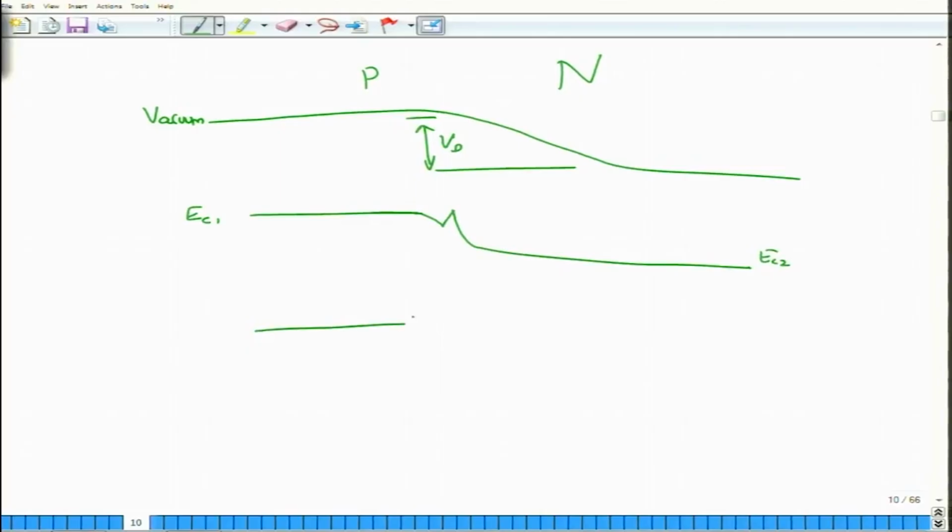region, whereas delta EV would go down, have a sharp transition, delta EV here, and this of course is your delta EC, the spike, and then again falls down to become EV2. This of course is EV1. Again, in the equilibrium position, let me move it, because in the equilibrium position the Fermi level has to be closer to N, but it has to be closer to this material also, right.